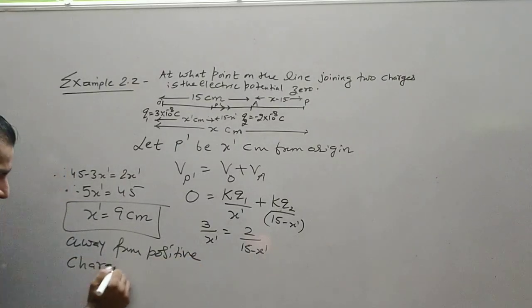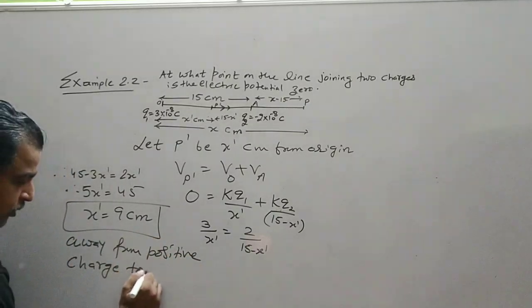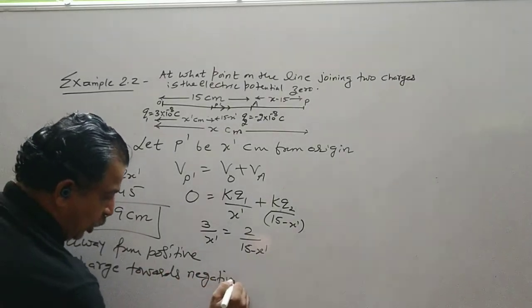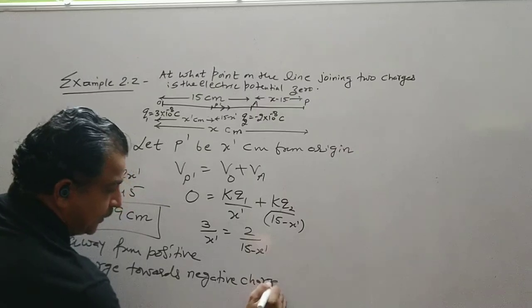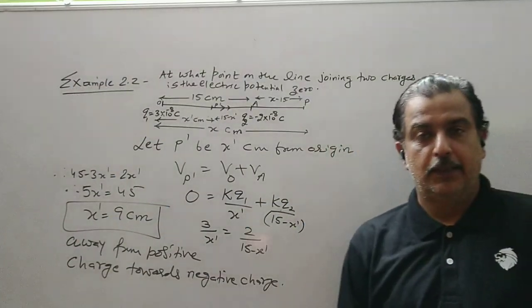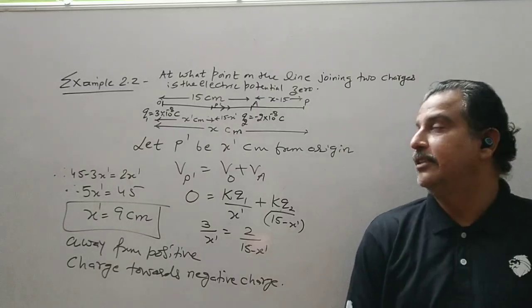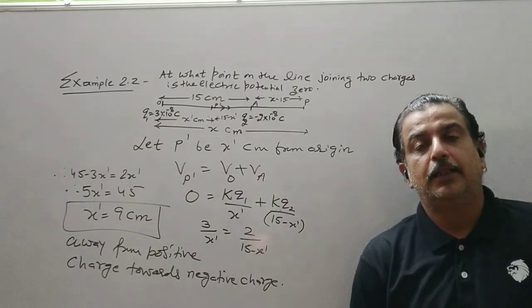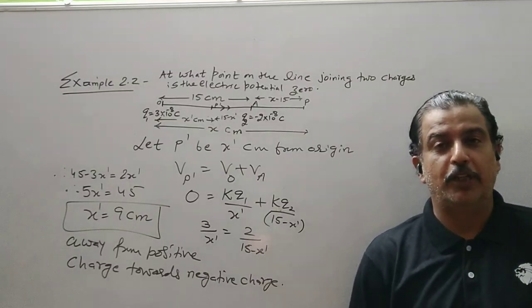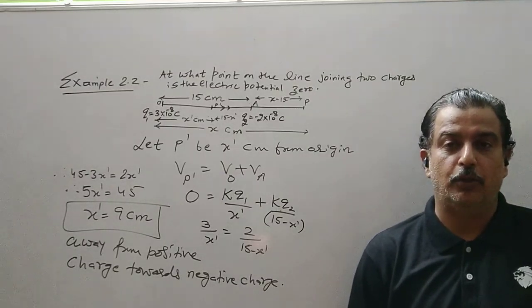So it is 9 centimeter away from the positive charge towards the negative charge, along the x-axis. So potential is 0 at 2 points. In such a case, electric field intensity is 0 at 1 point. So at one point the potential is 0 where the electric field intensity is 0.